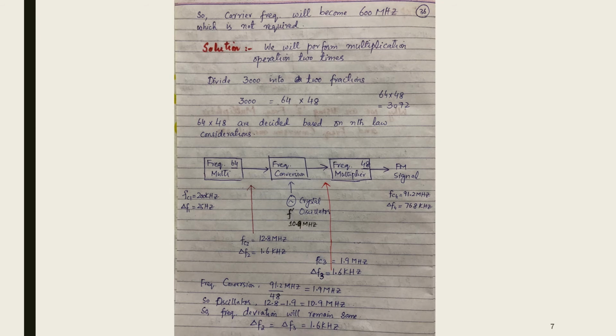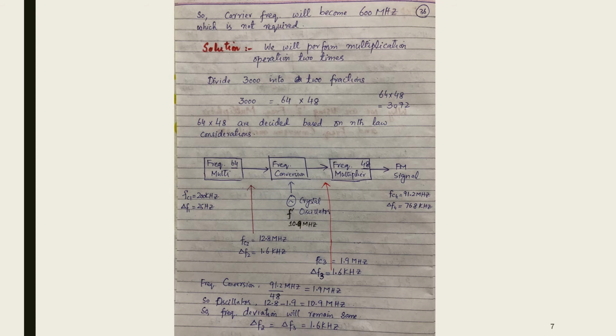What is the solution to this problem? If we use frequency multipliers, then the frequency deviation is converted into the required result, but on the other hand the carrier frequency is also converted, and it becomes huge, which is not the required case.